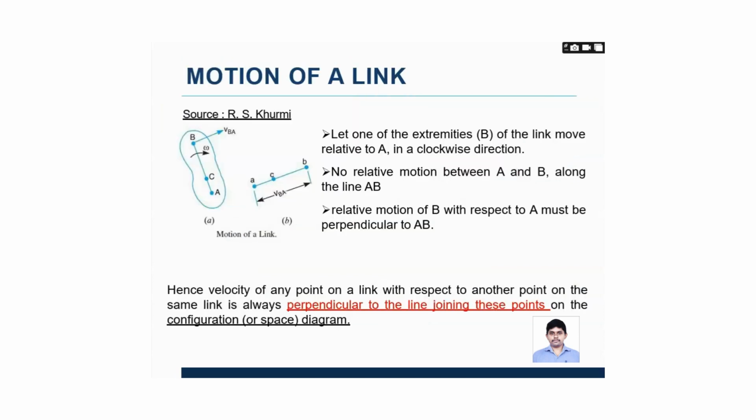Here, one of the extremities, B, of the link moves with respect to A in a clockwise direction. There are three different cases taken. One is B with respect to A in terms of rotation, and then how point A moves with respect to C. There is no relative motion between A and B along the line AB.